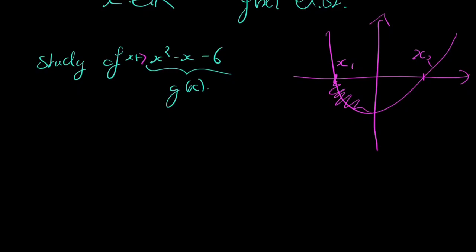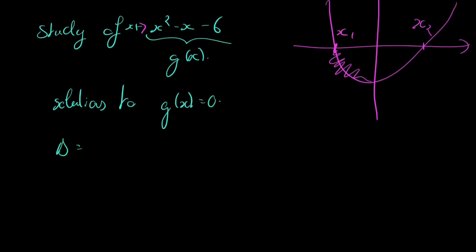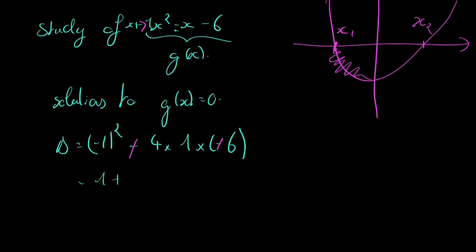So let's find the solutions to g of x equal to 0. We've got delta, which is equal to minus 1 squared, so this minus 1 here, minus 4 times 1, because here there is a 1, times minus 6. And we can simplify those two minuses, and we are left with 1 plus 24, which is equal to 25.